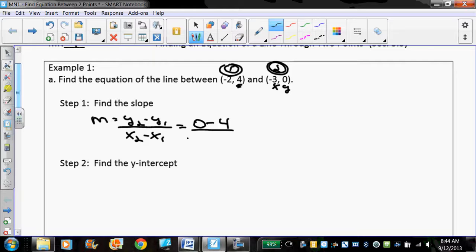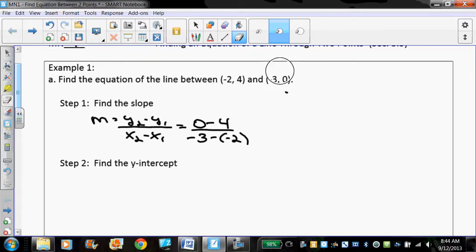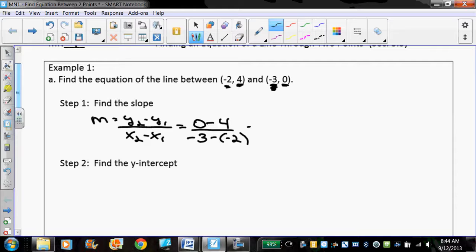So 0 minus 4, and then it's going to be -3, which is my second point x-coordinate, minus -2. Not to get too fancy here, I'm just taking this y value minus this y value to find the difference, and since I chose that 0 first, I have to use this x value next, -3 minus -2. That gives me the difference in y over the difference in x, which is slope.